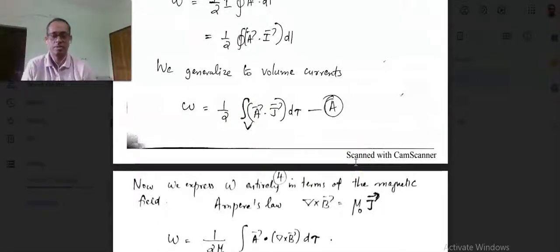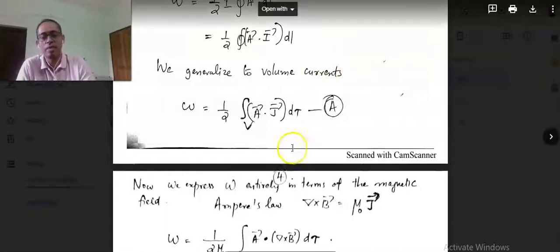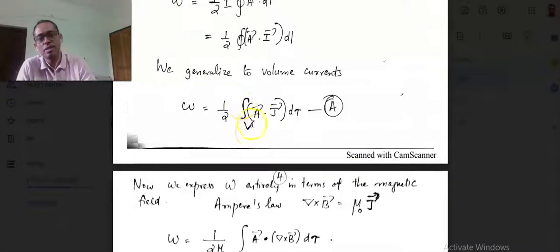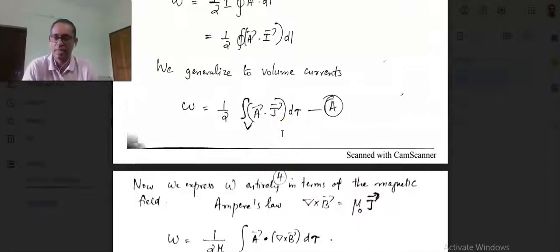The thing is, where the current density is, J will be non-zero, and for other regions J will be 0. So you will be getting the same result. What I want to tell you here is that you can integrate over the volume where the current density is, or you can take a larger volume.